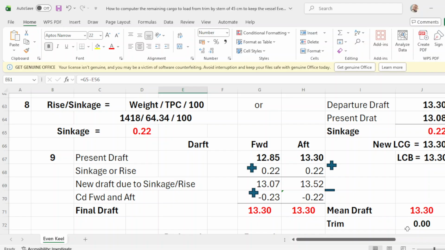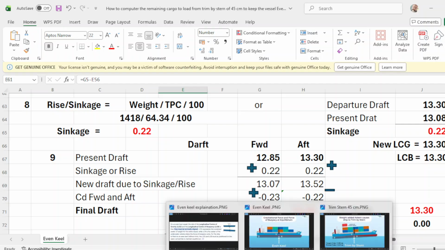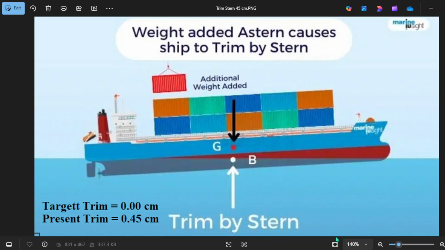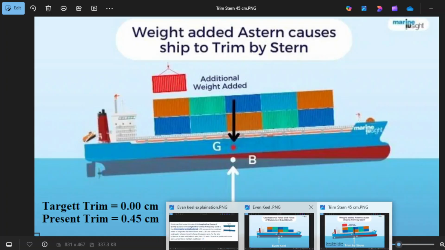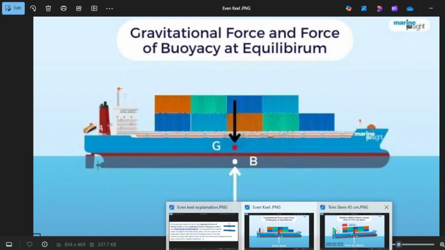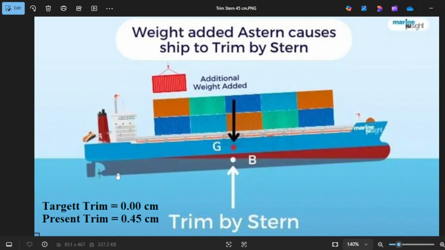Mean drop is 13.30, zero trim. Because you want to make this vessel even keel in this situation. The tendency of the forward or up part of the vessel is to go up, and this one to go down.